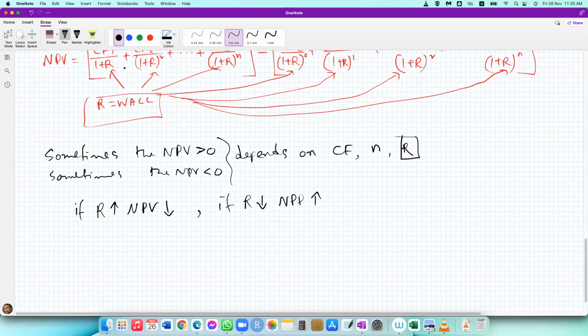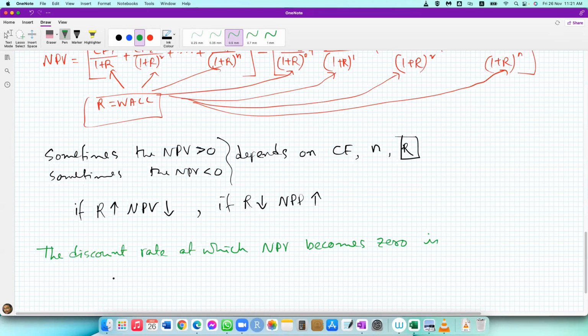So we can say that the discount rate at which NPV becomes 0 has a special name.